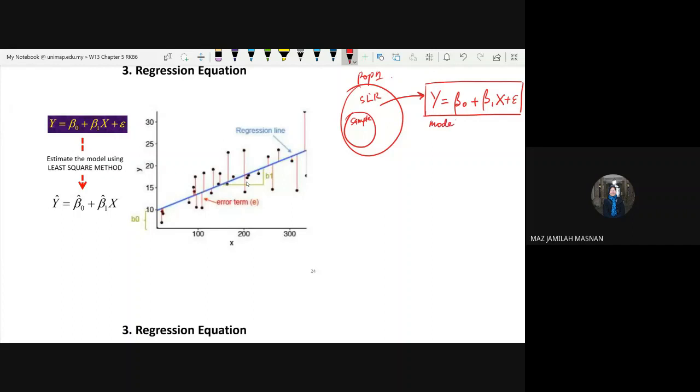Model based on population. But now since you are dealing with a sample, and we are making inference using our sample, we are estimating our model using the sample. That's why we have y hat equal to beta naught hat plus beta 1 hat x 1 plus epsilon. But in your case, the epsilon part will be left out, so we only stop here.